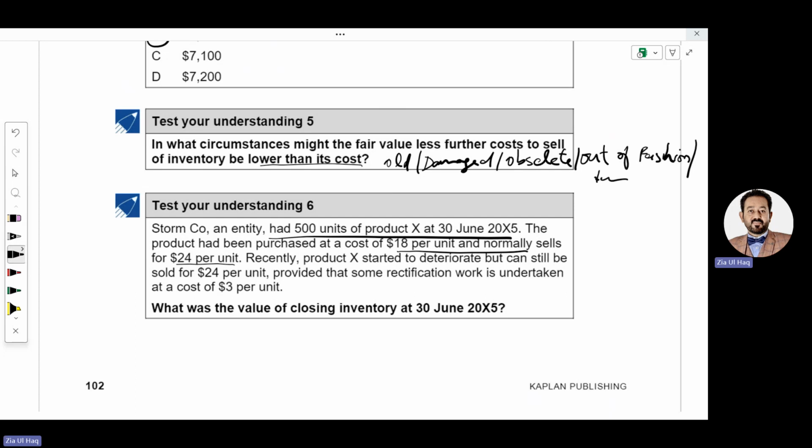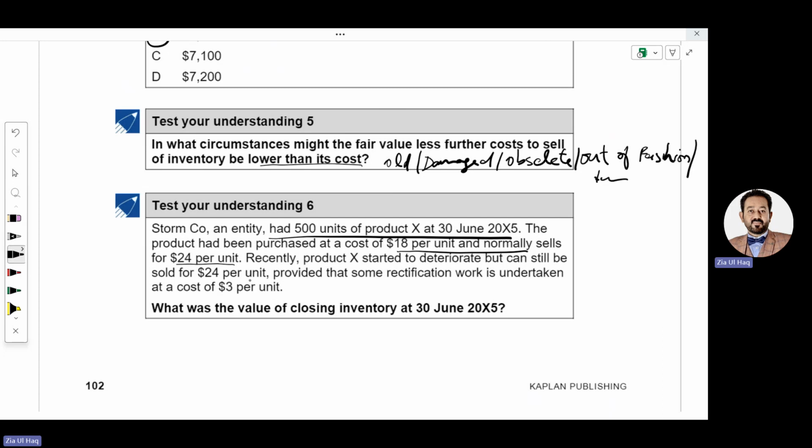They bought these 500 units at 18, so 18 is the cost per unit purchase. They can sell at 24, this is the selling price. Recently, product X has started to deteriorate, but can still be sold for 24 per unit.